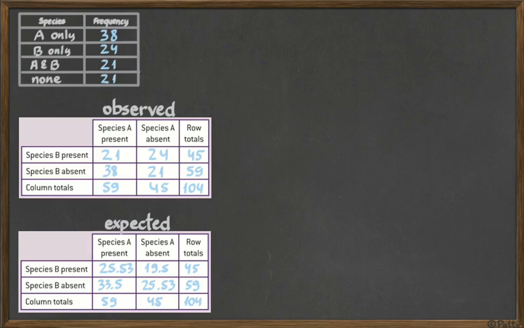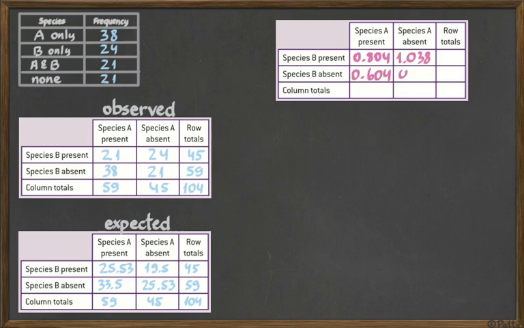Those are the expected values for those four situations if they have no association. These are the values that I calculate using the chi-square formula: 0.804, 0.604, 1.038, 0.804. Those are the four values, but the chi-square actually is the sum. So the sum here is 3.25.